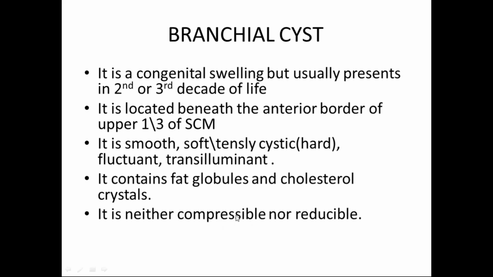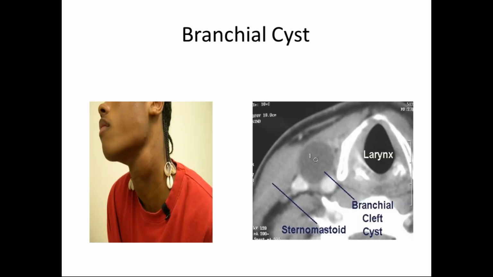In vascular swellings. Reducibility you see in hernias. So you can see this involving the upper one third. This will be the sternocleidomastoid muscle, and this involves the upper one third. See, branchial cleft cyst.